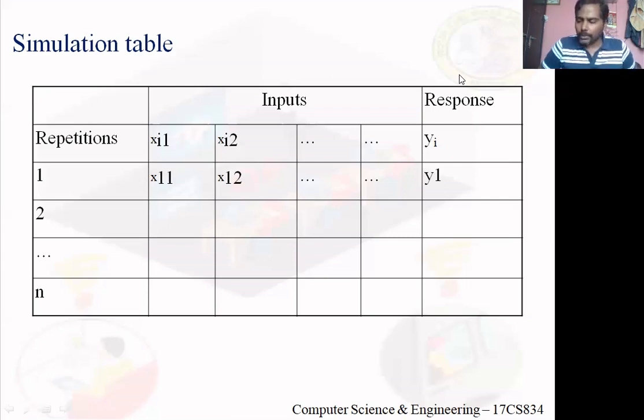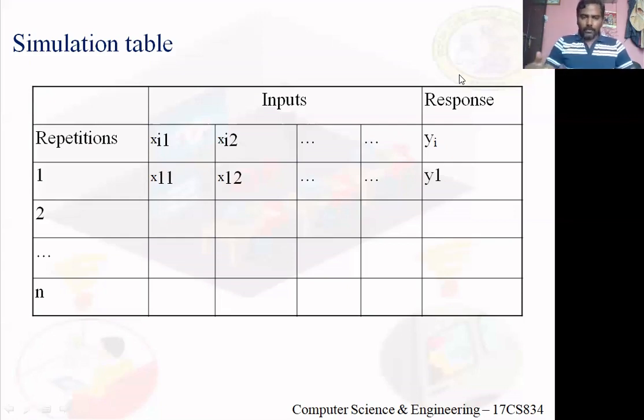From the moment he arrived to the moment he departed, the time was 10 minutes. Means the response time for the first customer is 10 minutes. So y1 is 10.